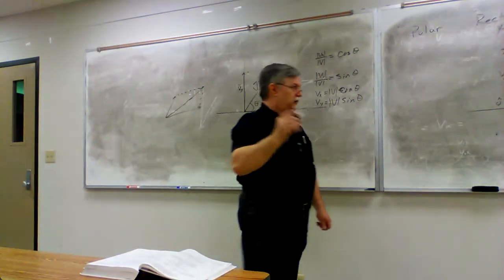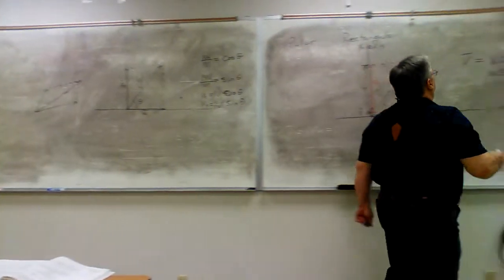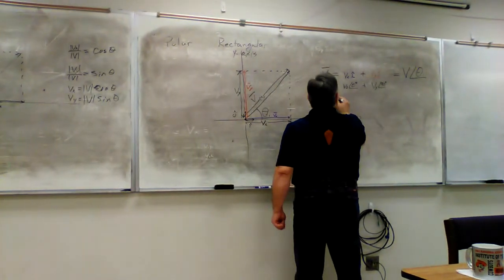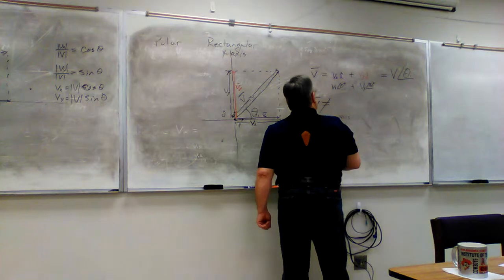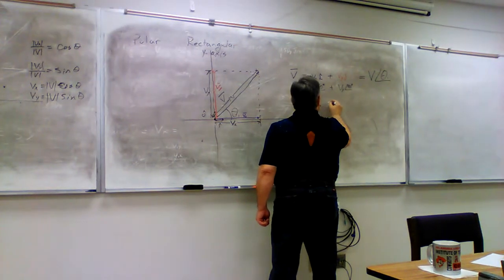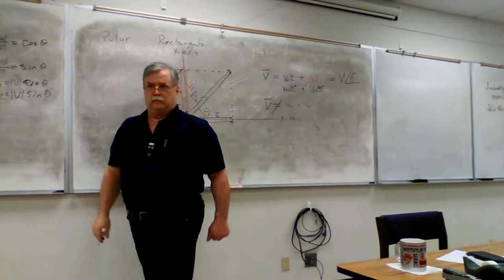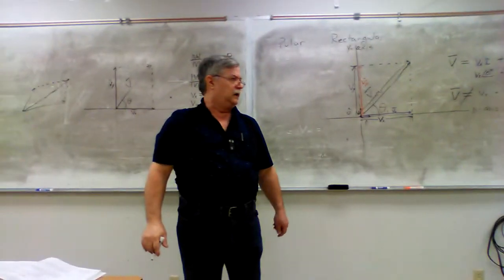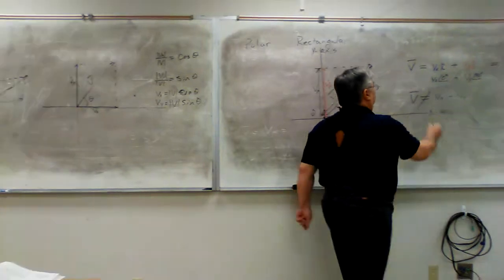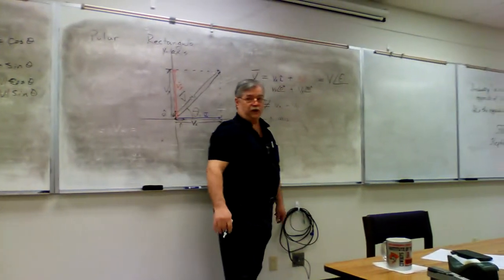So strictly speaking, the vector V is not equal to V sub x plus V sub y, because V sub x plus V sub y is just a sum of scalars.